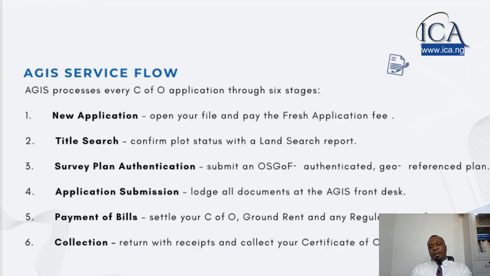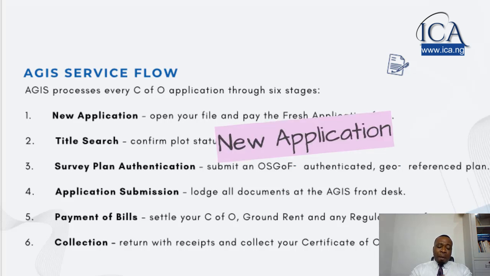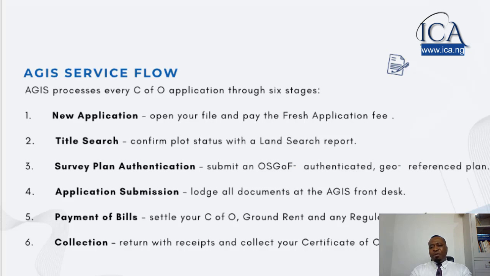Okay, let's now take a look at the AGIS service flow, the process you have to pass through in order to succeed in obtaining a certificate of occupancy in the FCT. The first is a new application. You have to open your file and make sure you pay the fresh application fee.